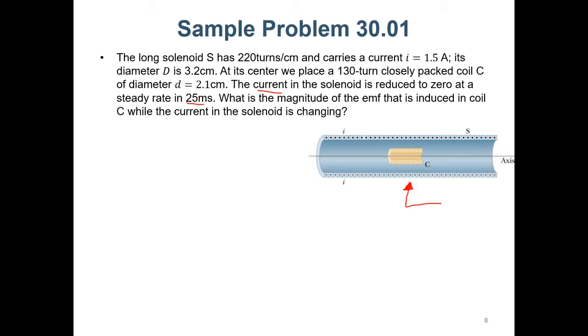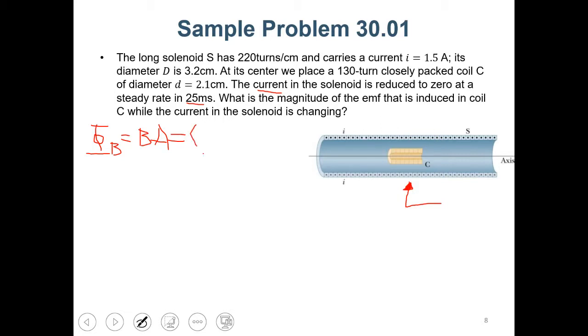So let us make some calculation. Phi B: because, as we know, for a solenoid the magnetic field inside the solenoid is uniform, we can simply use phi B equals BA.